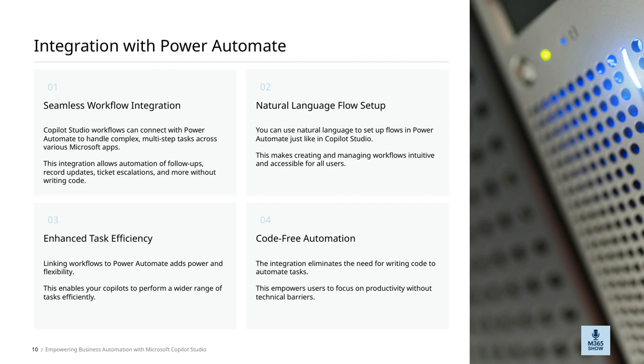This means automating follow-ups, updating records, escalating tickets, and much more, all without writing a single line of code. In essence, this integration brings your automation capabilities to a new level, powerful, flexible, and user-friendly, supporting your overall goal of making business processes smarter and more efficient.